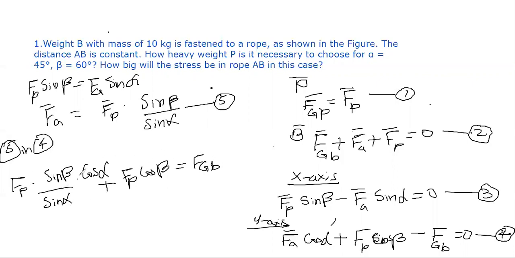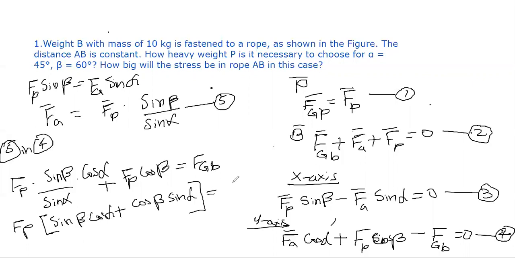Now let us take a common denominator here, so we can take out Fp and get sin beta cos alpha plus cos beta sin alpha, right? We multiply this sin alpha here, and take this sin alpha to the right side.